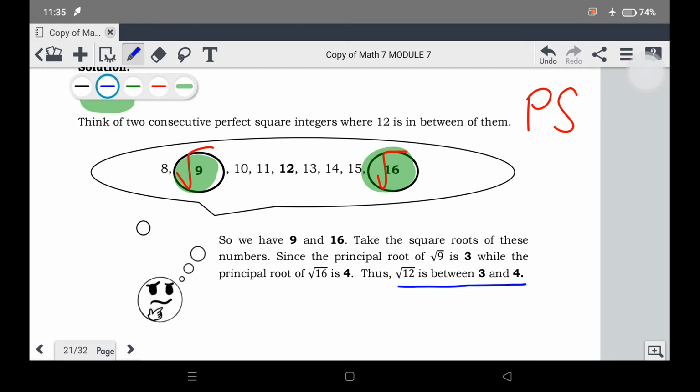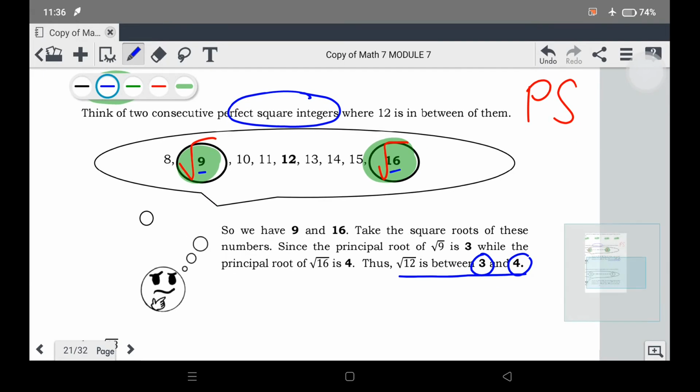So these are the two consecutive perfect square numbers. We take their square roots, so you have 3 and 4. But remember here, 9 and 16 are what you call your perfect square integers. 3 and 4, the answer in here, are what you get when you take their square roots.